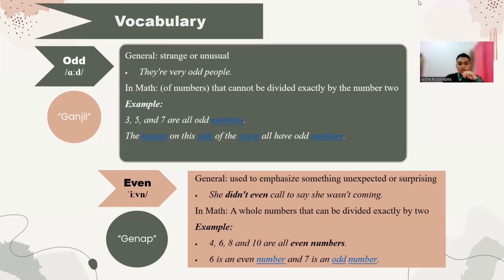The definition in math is a whole number that can be divided exactly by 2. For example, 4, 6, 8, and 10 are all even numbers. Another example: 6 is an even number and 7 is an odd number.